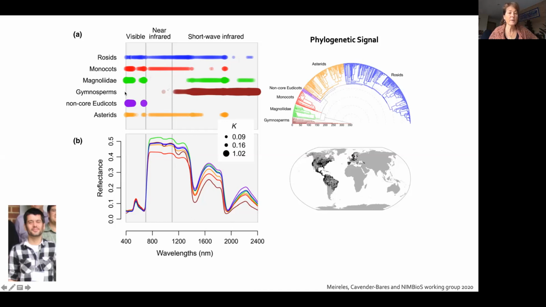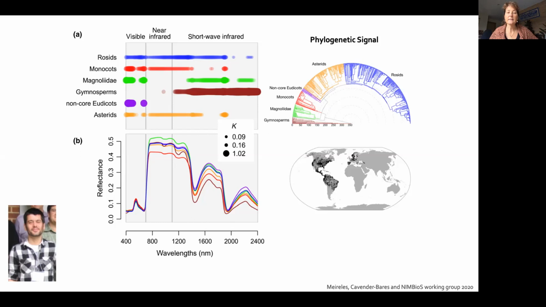And then the gymnosperms don't seem to have much conservatism in the visible or near infrared region, but high conservatism in the shortwave infrared. And then we see a contrasting pattern with the non-core eudicots. And then here are the asterids. And you can look at this at any scale, any phylogenetic scale, down to families, genera, species, and so forth.